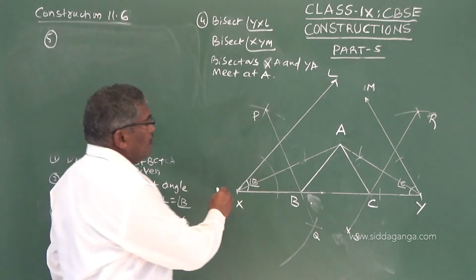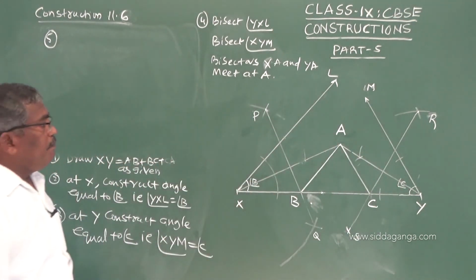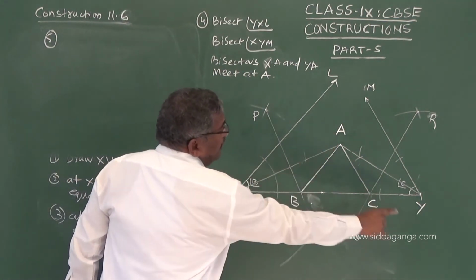See, after we got these bisectors and point A, draw perpendicular bisectors to XA and YA.